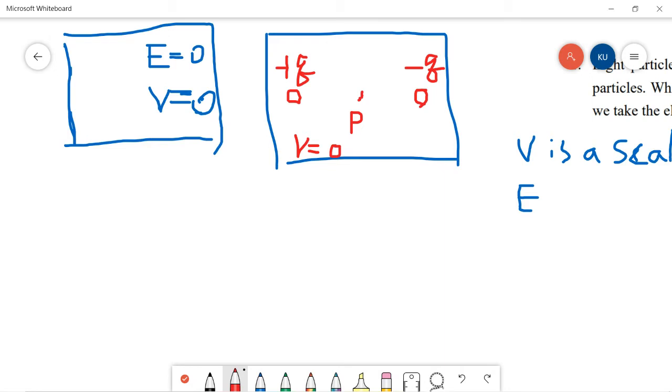But actually, E is not 0. The left-hand side charge will generate an E field pointing to the right side, and the right-hand side charge will also generate another E field pointing to the right side. So actually, E will be k times Q over R squared.